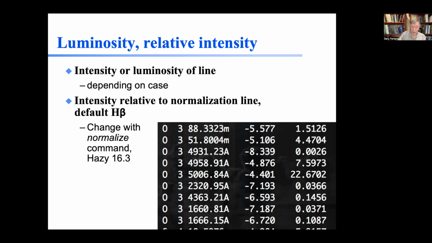We'll come back and talk about intensity and luminosity cases in a later video. So stick a pin in it, we'll come back. This is the linear intensity. So here, 5007 is 23 times stronger than H beta. So this is probably a planetary nebula. The default normalization line is H beta, but you can change it to anything else with a normalize command that's here in Hazy.